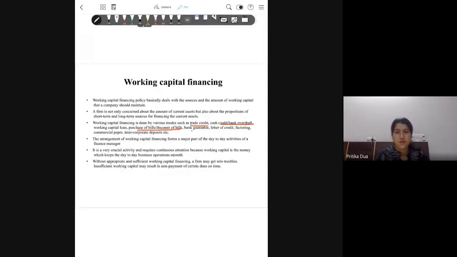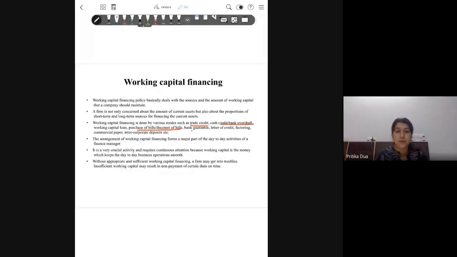In a financial arrangement, when bank gives the guarantee of the credit worthiness of any of the counterparties, now that can be the buyer or the seller, then that becomes a bank guarantee. Especially if the buyer fails to make the payment to the seller, then it becomes the financial obligation of the bank to make the payment to the seller. So that is bank guarantee.